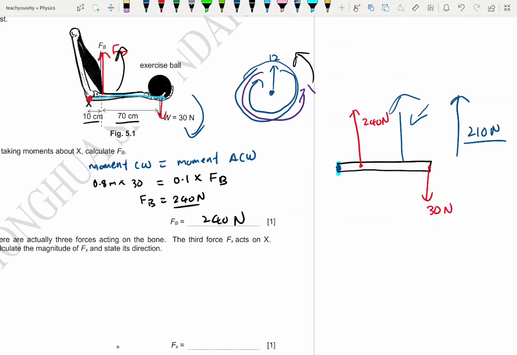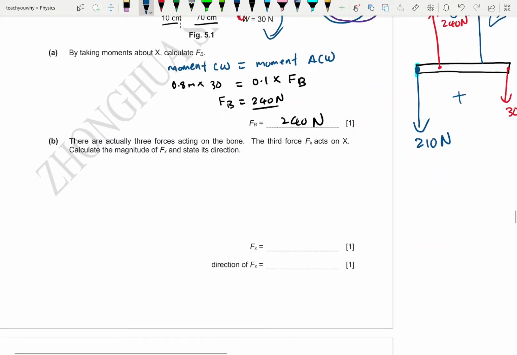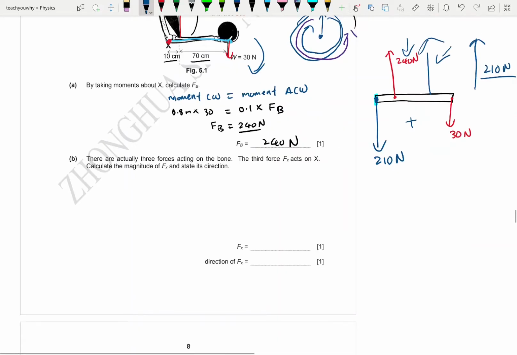And how much is this force? 210 Newton. Because my downward force is now the sum of this and this, 210 plus 30 must be equal to 240. So 210 Newton, not upwards, sorry, it is downwards. Okay, done.